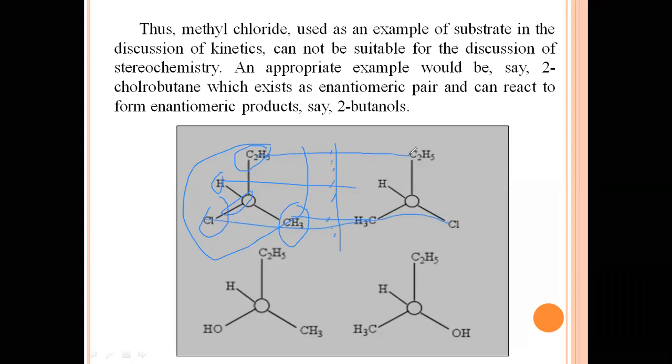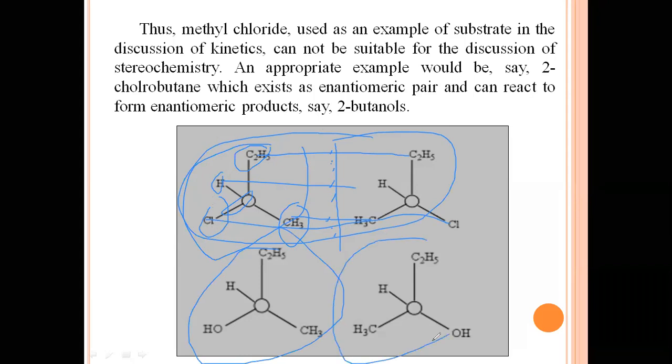Such compounds are called enantiomeric products. Now, if this undergoes the SN2 mechanism, it will result in the formation of 2-butanol. And this 2-butanol is also an enantiomeric product.